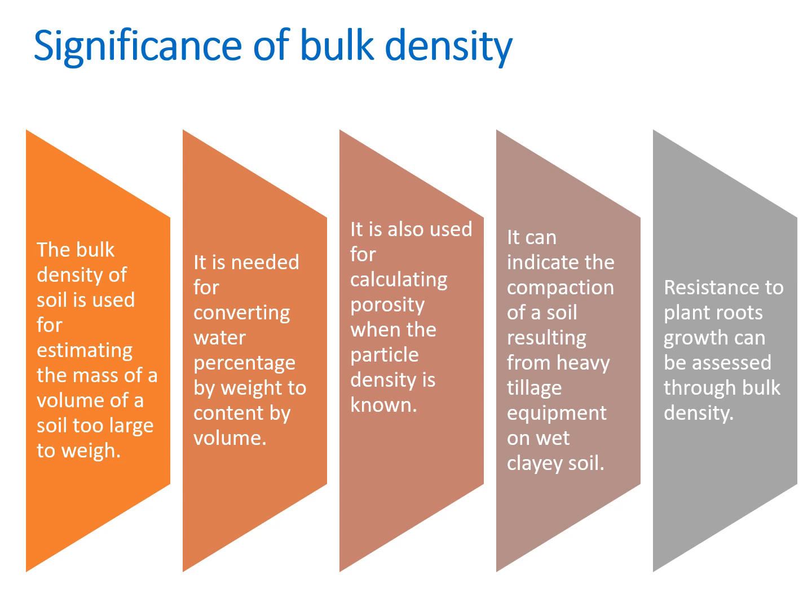In comparison with the particle density, bulk density has a great significance in agricultural lands. The bulk density of the soil is used for estimating the mass of a volume of soil too large to weigh, because we can determine the volume.